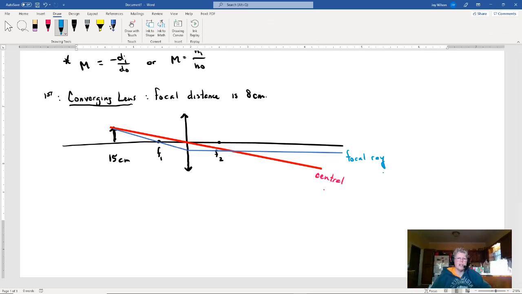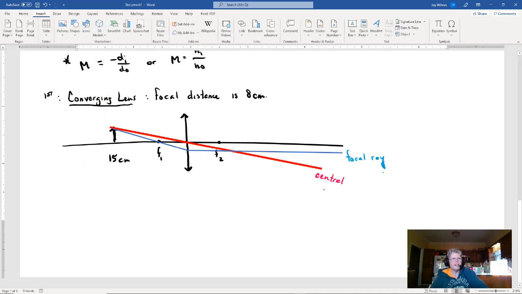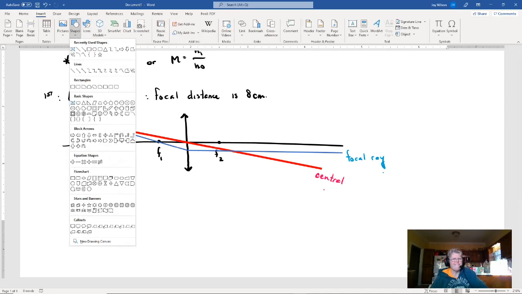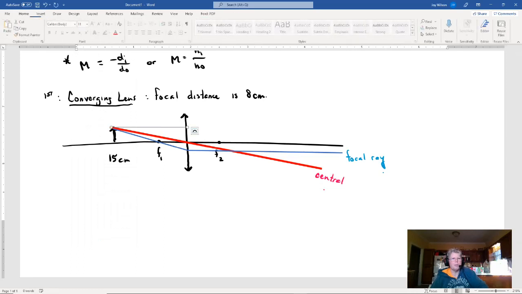And then last but not least, we're going to have a hot pink, or rather purple, parallel ray. The parallel ray, as we stated before, is going to go in parallel.